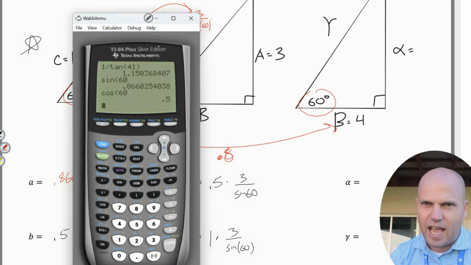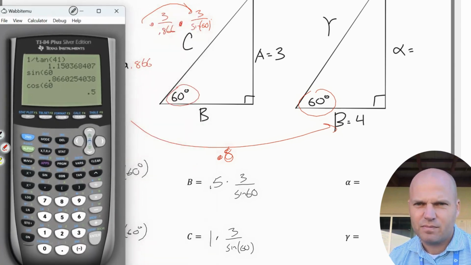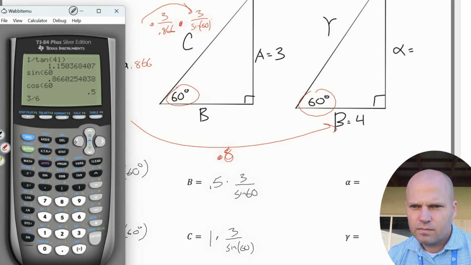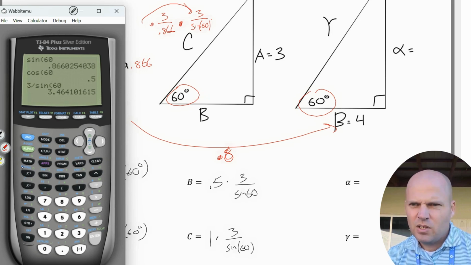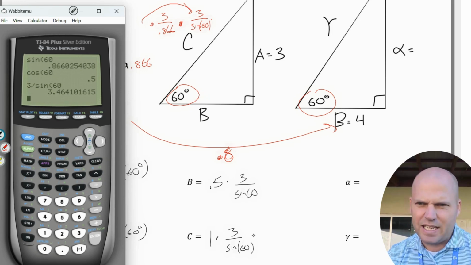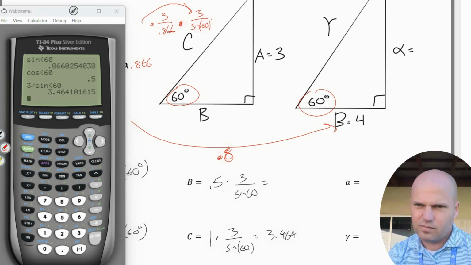So we're just scaling everything. And let's get some numbers. 3 over the sine of 60 is the scale factor. So that's going to be this length. And then this length is that times a half.